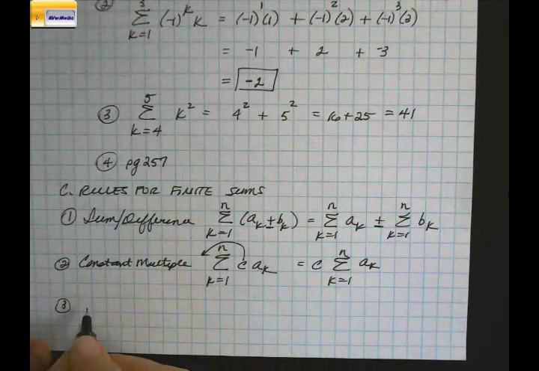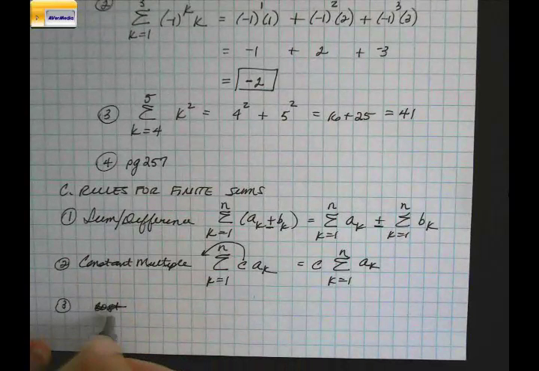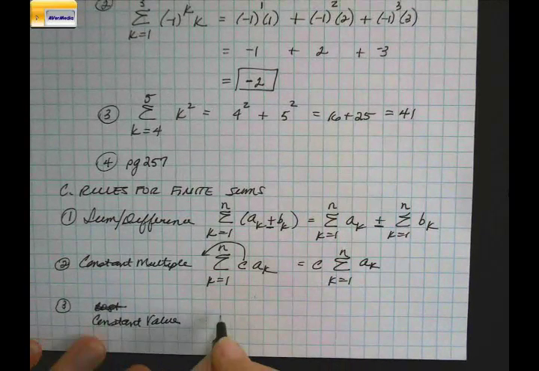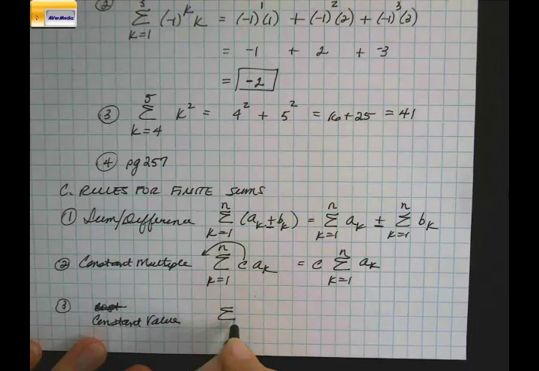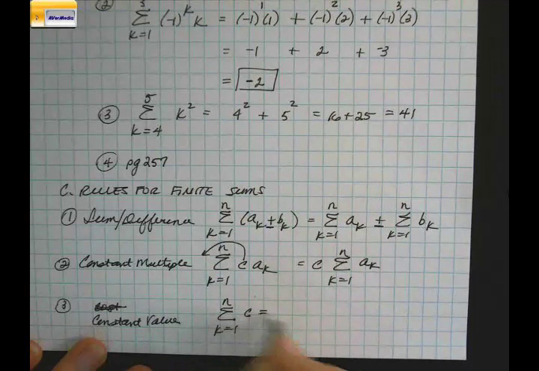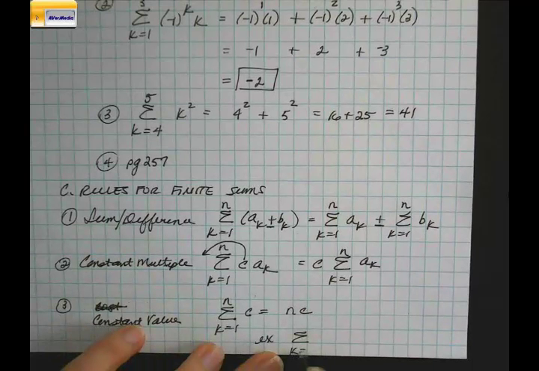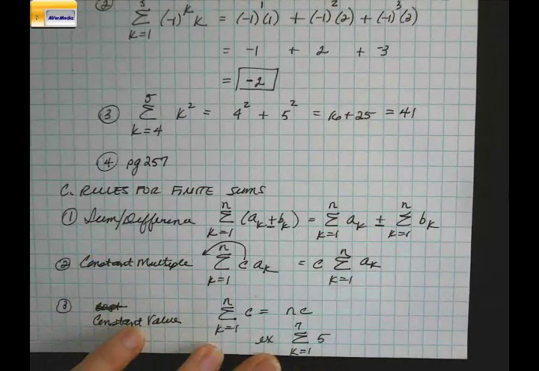Then you have the constant value, not the constant multiple, but the constant value, and it's something like this: the summation of k equaling 1 to n of c equals n times c. An example of this very briefly is if you have the summation of, say, k equaling 1 to 7 of a constant like 5, the number 5.